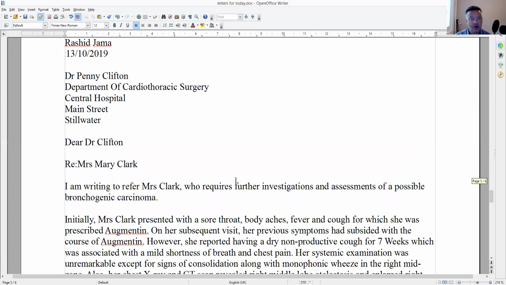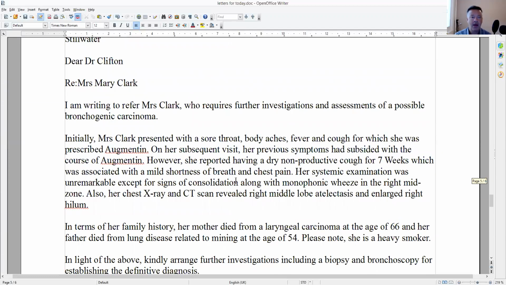What's this? Rashid. Okay. I'm writing to refer Mrs. Clark, who requires further investigations and assessments. Well, assessment, I suppose, of a possible bronchogenic carcinoma. Initially, Mrs. Clark presented with sore throat, but it's in cough, which she was prescribed Augmentin. On a subsequent visit, her previous symptoms had subsided with the course of Augmentin.